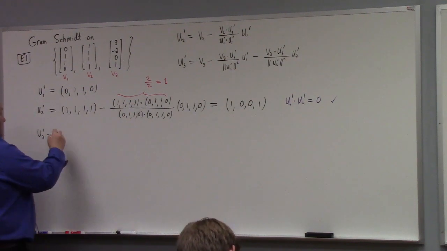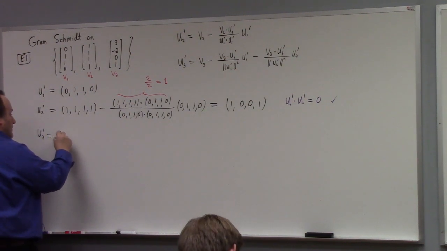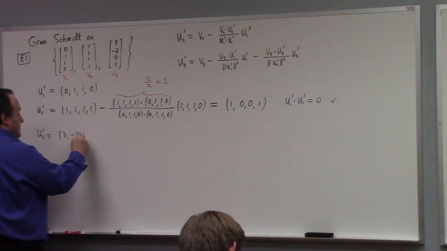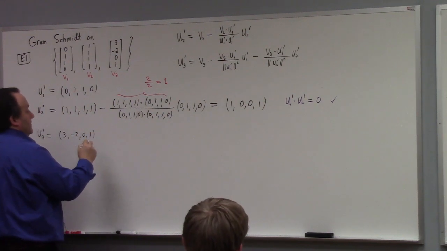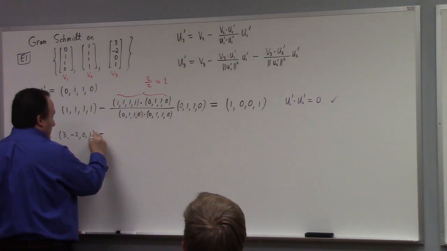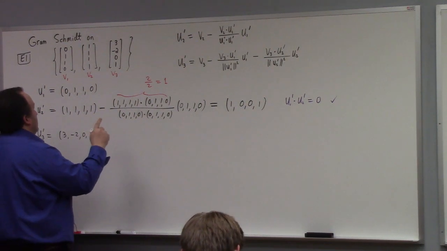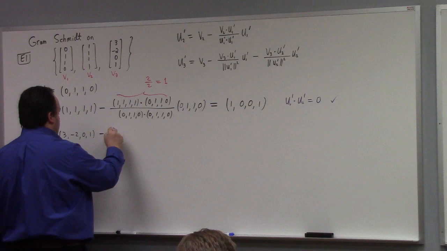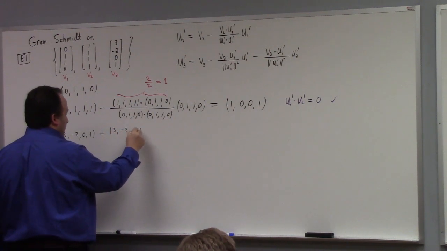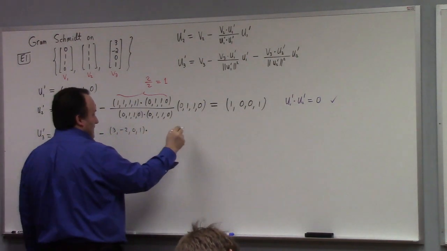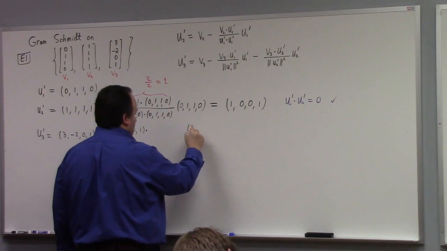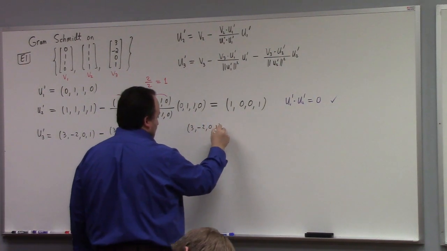So we've got our 3, -2, 0, 1 vector. And then I do what? V3 dot U prime. So I do 3, -2, 0, 1 dotted, and then 3, -2, 0, 1 dotted.